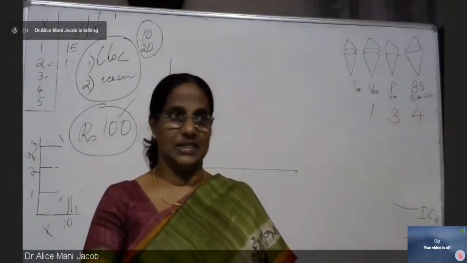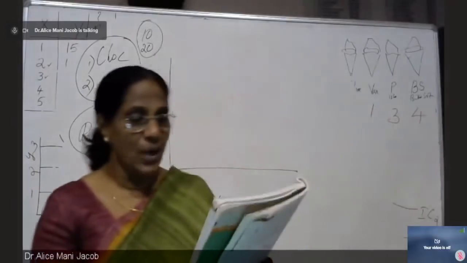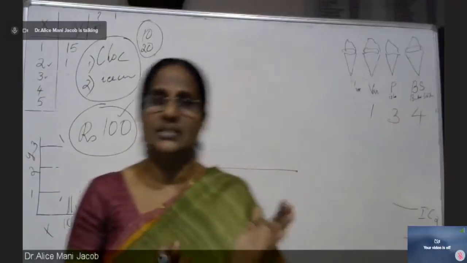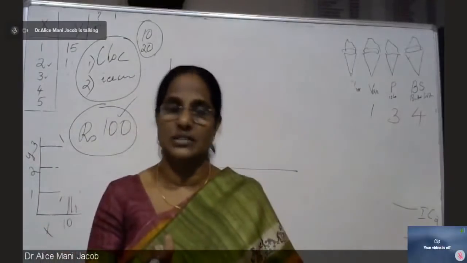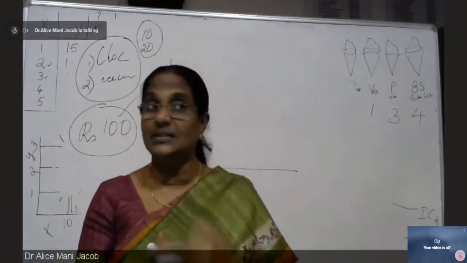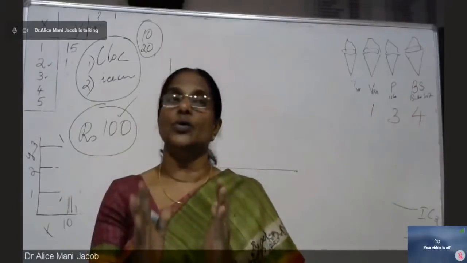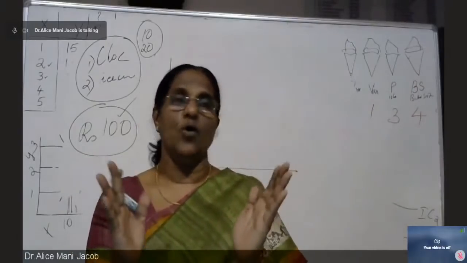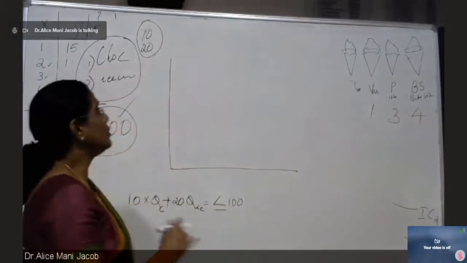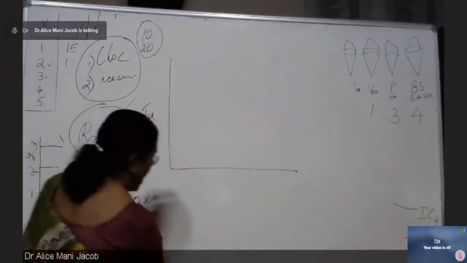That is your budget, that is PXQX plus PYQY is less than or equal to 100. It's given in your book. You can spend less, say 80 rupees, no problem, but that is not our assumption. We spend the entire amount, but definitely it should be less than or equal to your budget. I hope it is clear. And now, as a consumer, I write, for example, ice cream here and chocolate here.